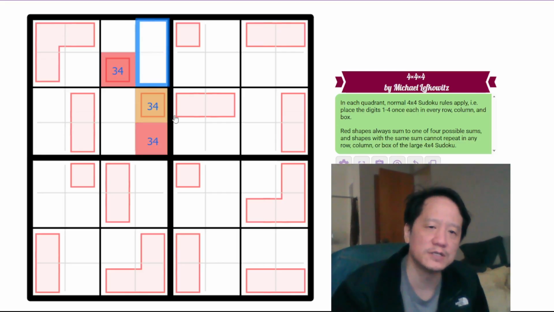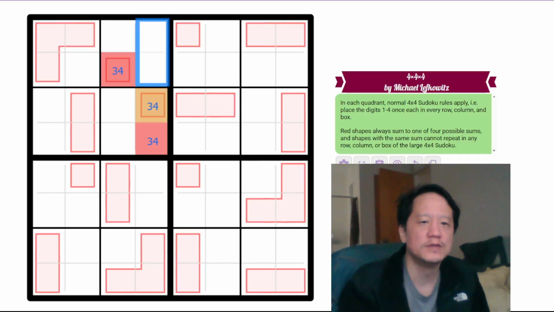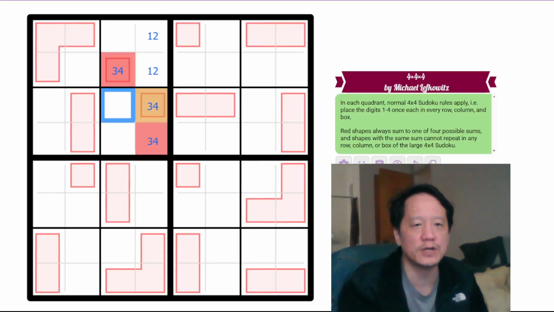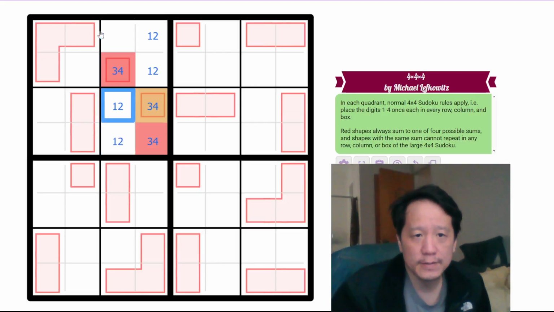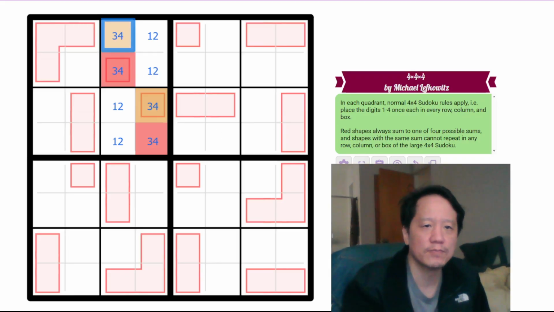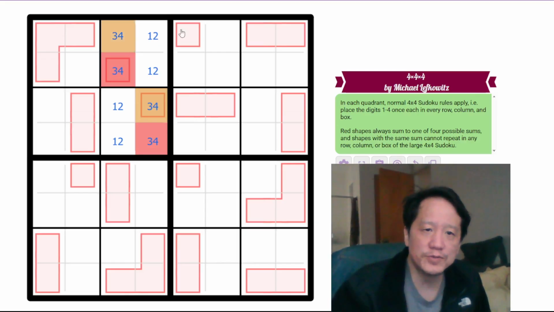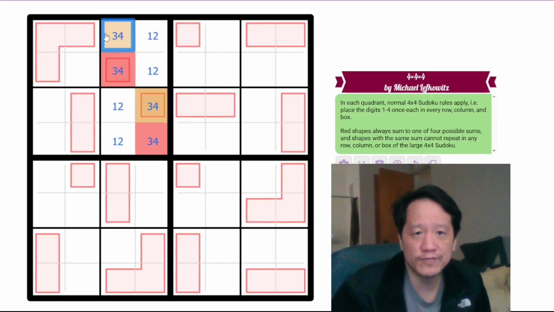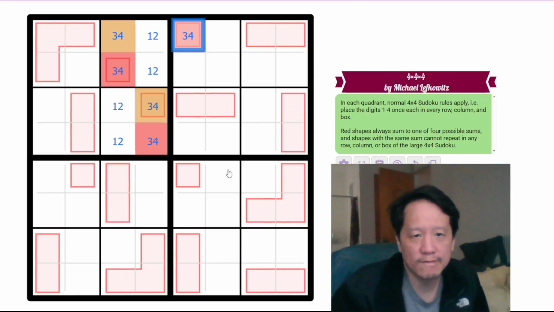That means in the rest of this quadrant column, row 4, this cannot be 3 or 4, it's 1 and 2. That makes this 1, 2, 1, 2 as a pair. That forces this to be the orange 3-4 here. So this cannot be the orange 3-4 as a singleton, it must be the red 3-4. Okay.